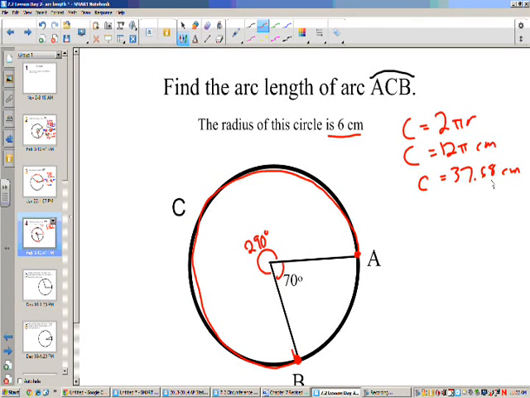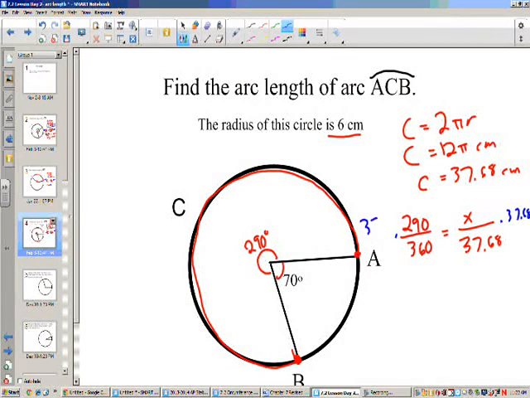So now that we have that taken care of, now we want to do 290 over 360 is equal to my arc length, we'll call it x, over my whole circumference. Now I multiply both sides by this denominator, 37.68.